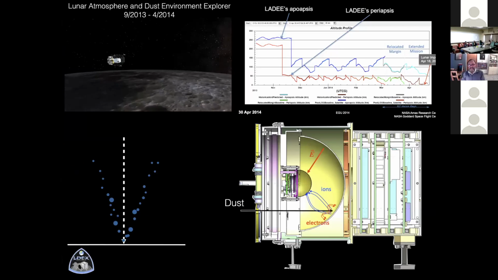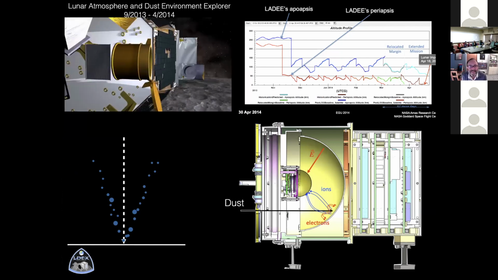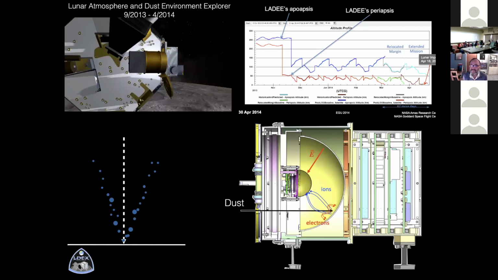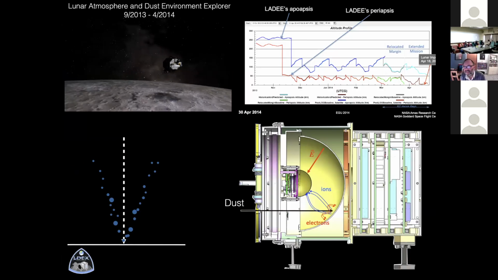So the rest or most of the talk is about this mission that was a couple of years ago by now, the Lunar Atmosphere and Dust Environment Explorer, which carried a dust instrument to map this cloud of dust that is continually raised by the incoming micrometeorites. On the top right is the trajectory of the spacecraft.